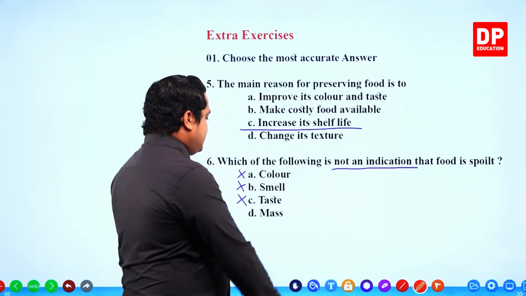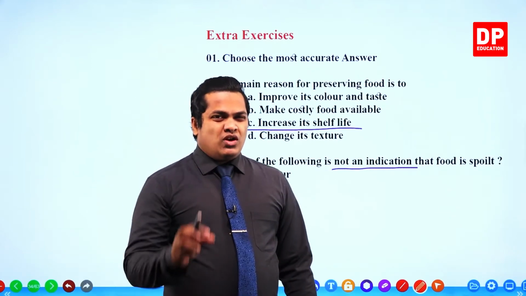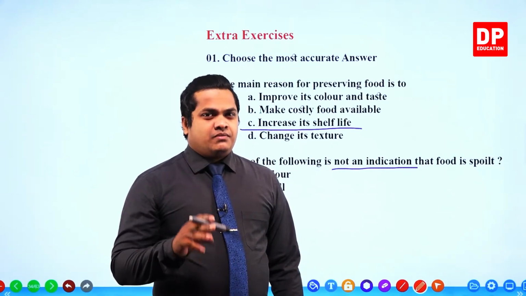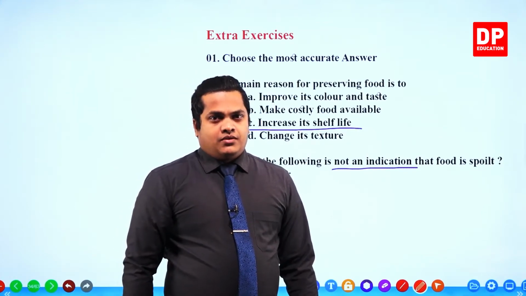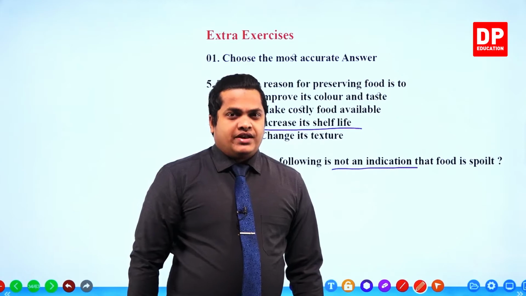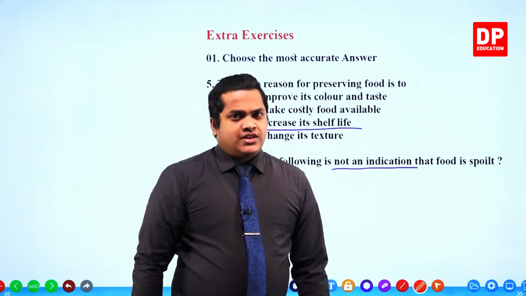Number 4, mass. However, a small change of mass can be observed, but that is not that considerable. Upon spoilage of food, my dear children, mass is not going to change that much.